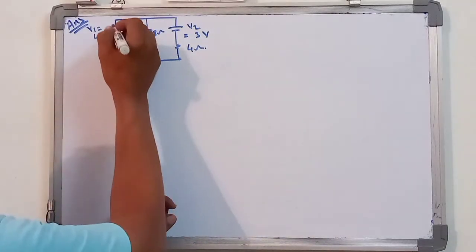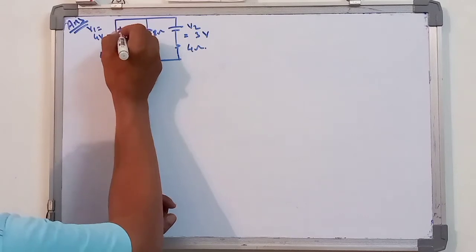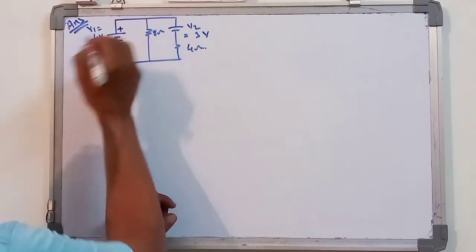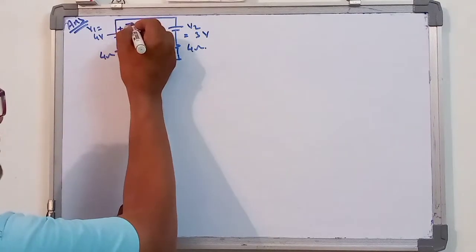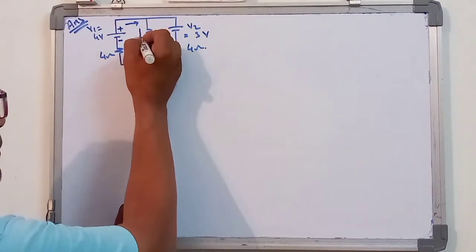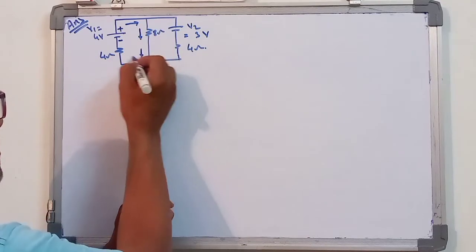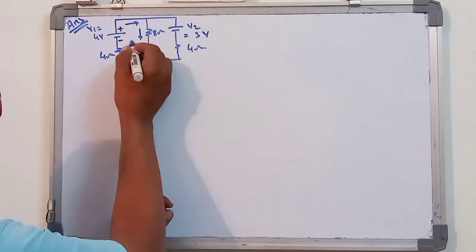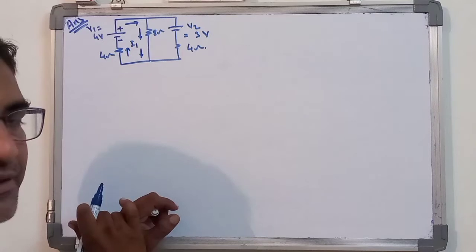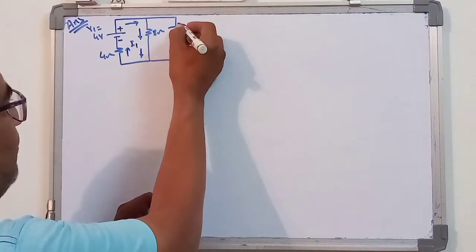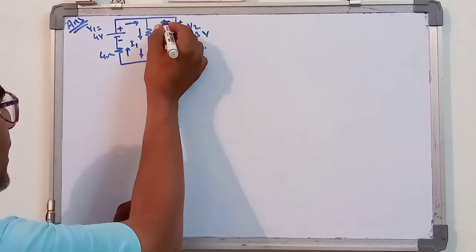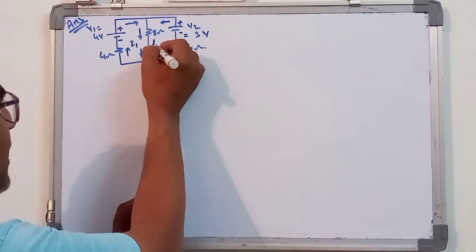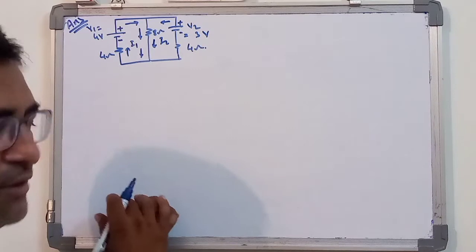Now here, from high to low potential we are going to mark, here positive, here the negative is formed. So I have considered the loop like this. This is the loop for the first one, that is I1 I have considered. Then from positive to negative, the second loop which I have considered is again in the opposite direction. I have chosen like this.